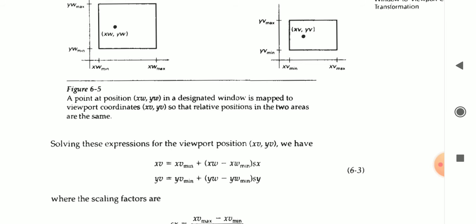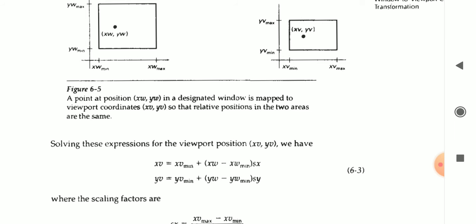The point on the viewport is calculated based on formula 6.3. The point will have two values, xv and yv, represented in the figure. You can see the formula of xv, yv. So xv equals xv minimum plus the window coordinate difference, calculated and multiplied with the scaling factor on the x side.